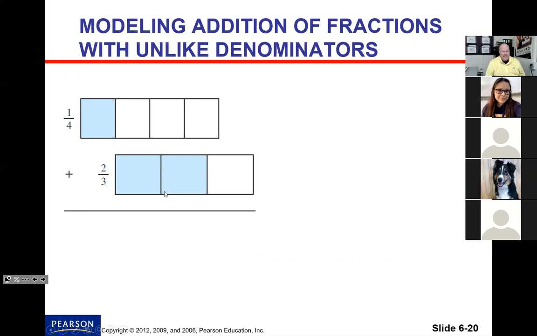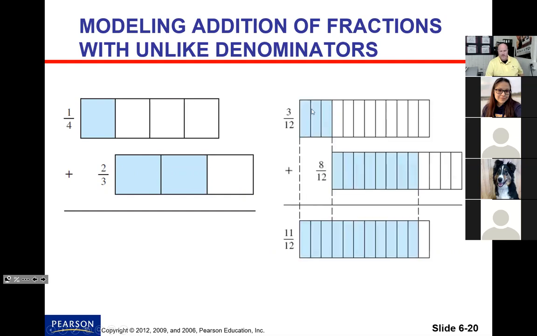Now, can anybody see, and you should be able to see this because you've done fractions before, can we break this 4 down into something and this 3 down into something so they both have common denominators? 12. 12, okay. We'll talk about how you do that coming up. So what we can do is break the 1/4 down into 12. There it is, broken down into 12. The shading is still the same, so we have 3/12.